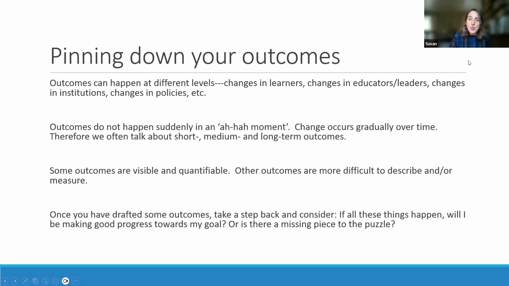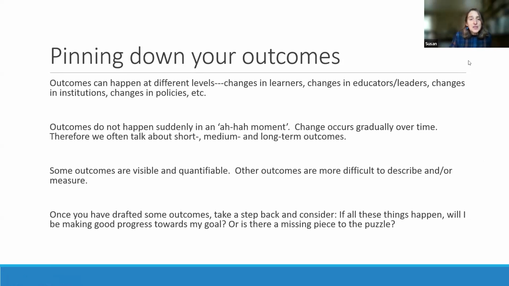Generally, if it's a 1 year project, be very careful about long-term outcomes, because it takes a while to get a project running and then you've got to measure everything. 12 months is fairly quick. If you've got a 2 or 3 year project, you might have some. So we'll talk more about that in the other workshop, but just to realize that there are different time spans for outcomes.